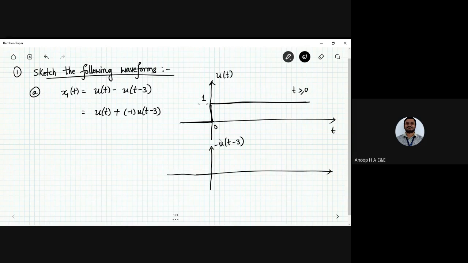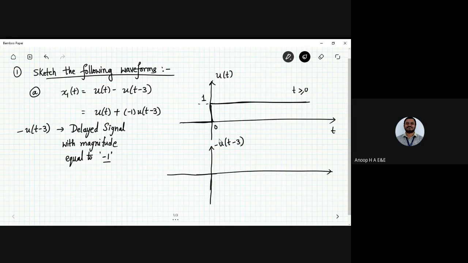Now, what you can see here, minus u of t minus 3 is a delayed signal, with magnitude equal to minus 1.